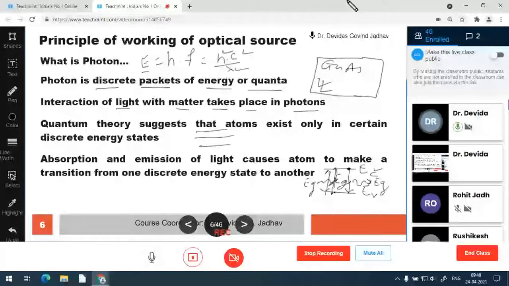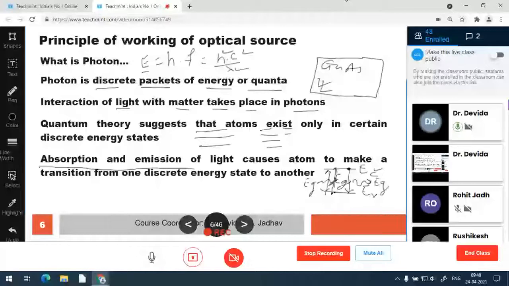Matter here is a semiconductor material, maybe gallium arsenide, phosphide, or indium, etc. The quantum theory says that the atom exists in certain discrete energy states, and the outermost energies are the conduction and valence energy.